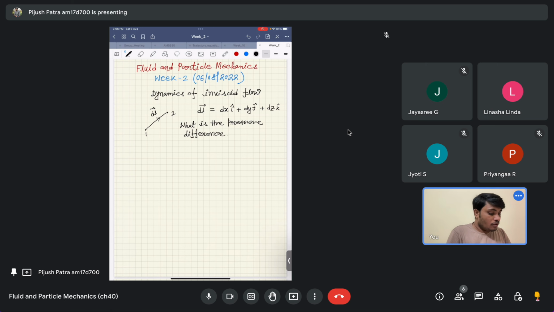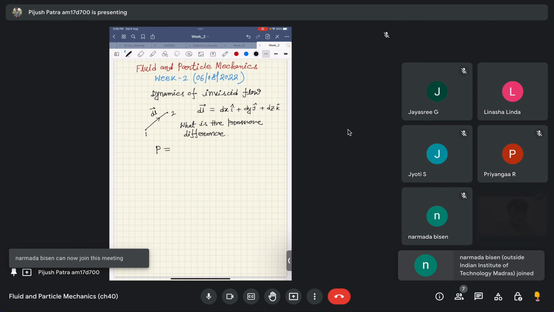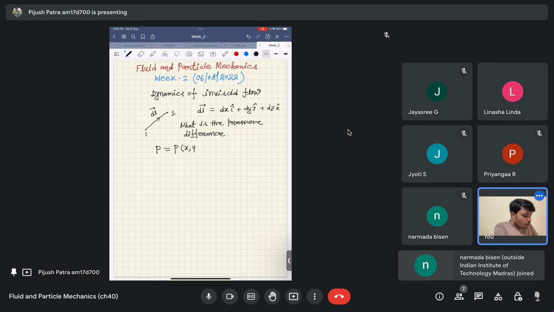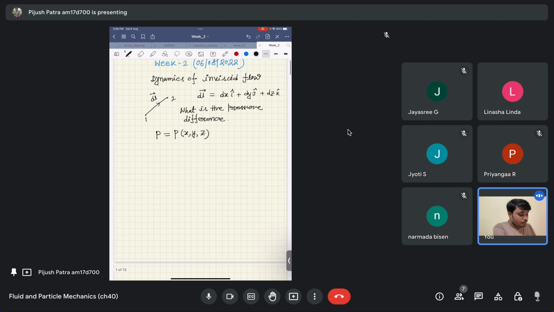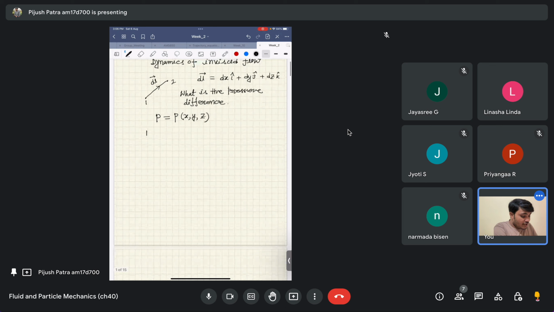So in general the pressure P is a function of x, y and z, right, in general. So what is the total change in pressure, dP? That is something called the total derivative.